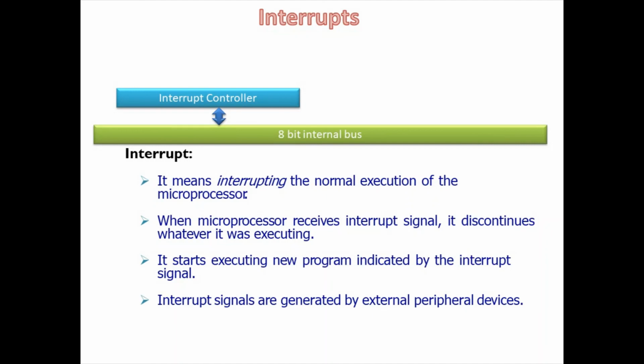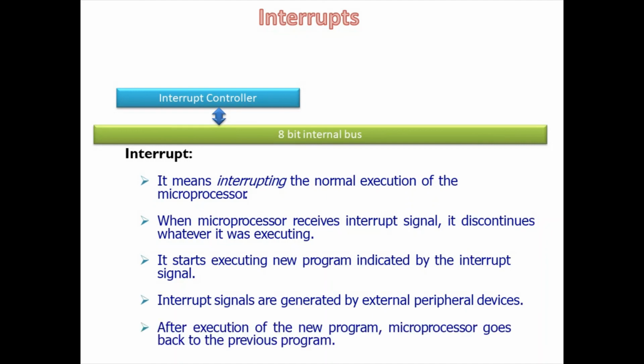Interrupt signals are generated by external peripheral devices. After execution of the new program, the microprocessor goes back to the previous program. We will discuss interrupts in detail in the interrupt section. The 8085 microprocessor has five interrupts: TRAP, RST 7.5, RST 6.5, RST 5.5, and INTR. INTR has an acknowledgement pin.